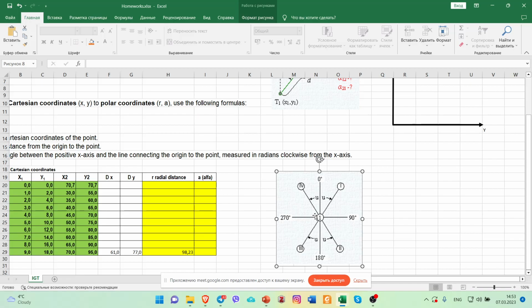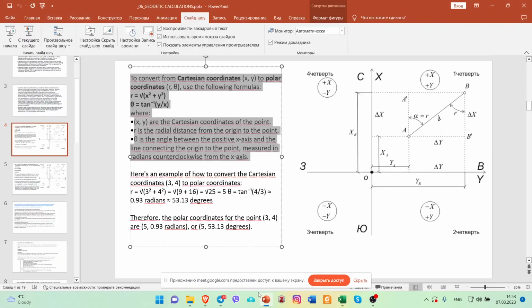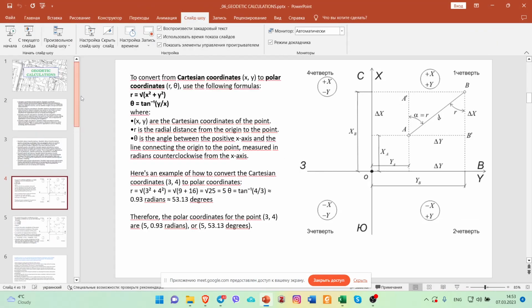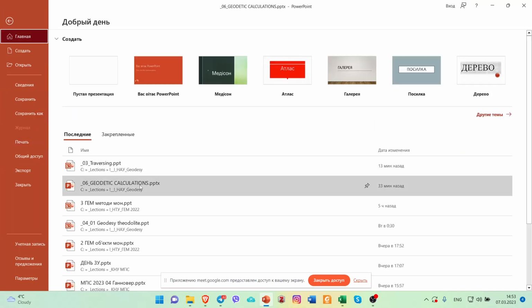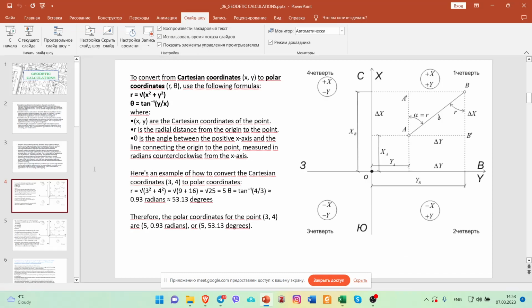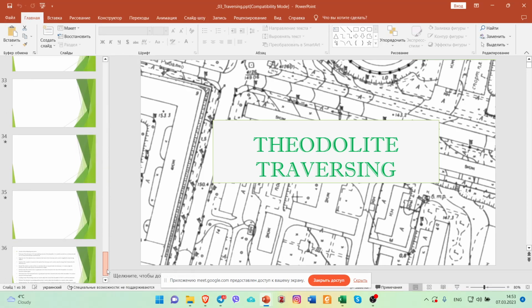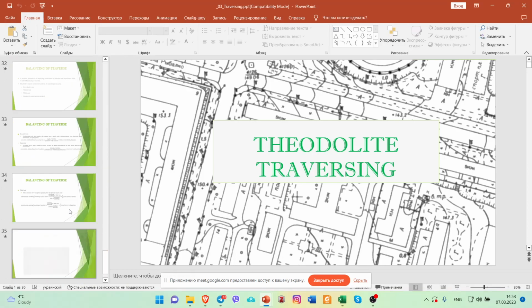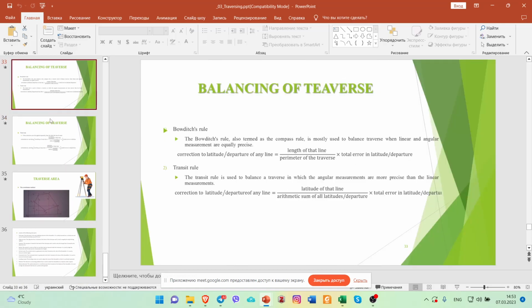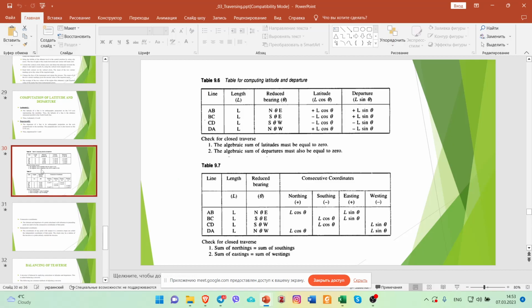So in the case in the first quadrant, alpha should be equal to the reduced bearing.